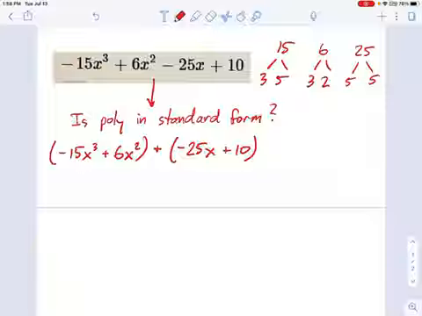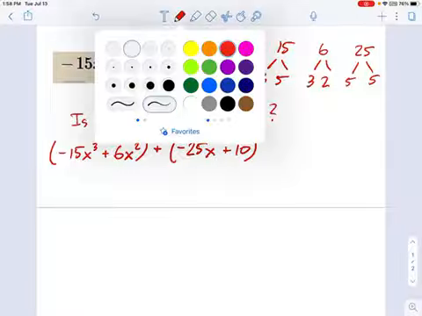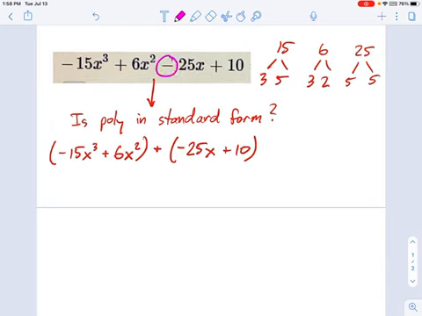Now, one important point before I move on. Do you see what I did here with this minus sign? It would be incorrect to simply put parentheses around this and keep a minus sign in between them. That would not be good. Because what it would do is it would say minus 25x minus positive 10. That would be a little different than what we actually have here.